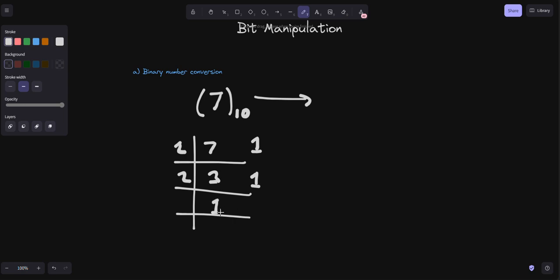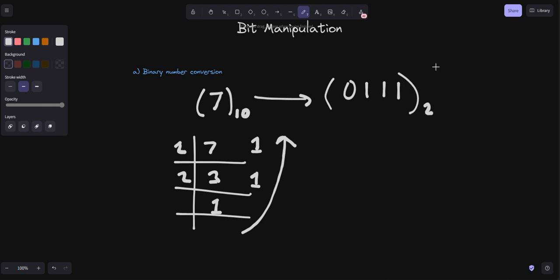So in binary conversion we will read from here to here, in this way, and hence the binary conversion would be 0 1 1 1. Just remember that we always write it in four ones and zeros, a 4-bit binary way, and it will be denoted like this.